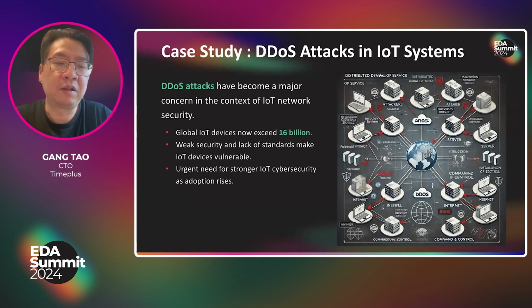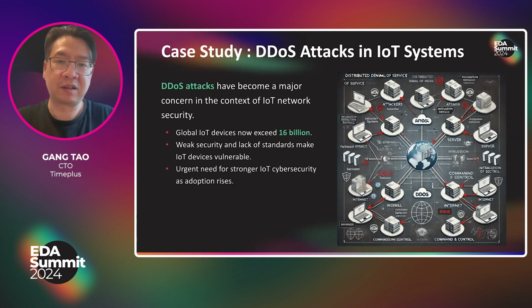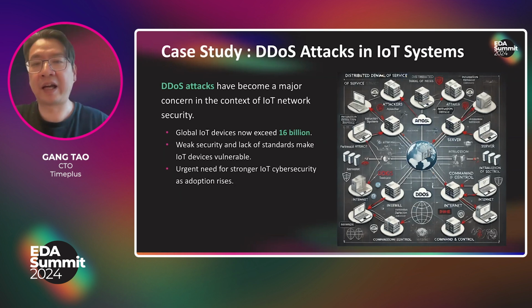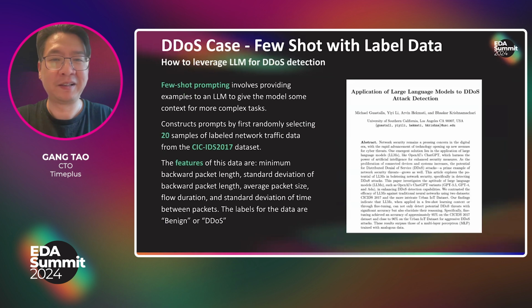And usually there's weak security and a lack of standards, which means a lot of these IoT devices are vulnerable to these kinds of attacks. There's an urgent need for IoT security services, so we can have a DDoS attack detector to help protect our system. I have a picture here, actually generated by OpenAI.